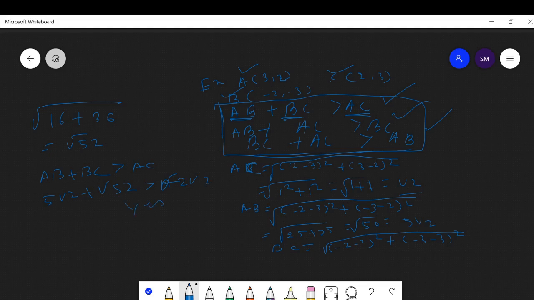Then next, AC plus BC. Here AC is root 2 plus BC is 5 root 2, which is equal to 6 root 2, which is greater than root 52. Yes, it satisfies.